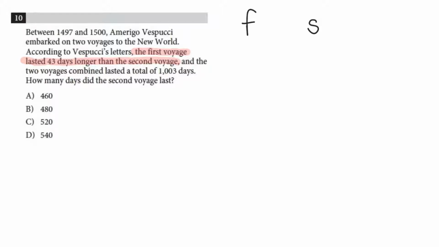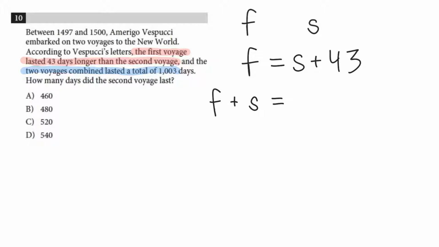Okay, great. So I am going to say that the first voyage, well, that must be the second voyage plus 43 days. Excellent. Okay, and the second bit of information that they give us is that the two voyages combined lasted a total of 1,003 days. Okay, so F plus S, or first plus second voyage, equals 1,003 days.